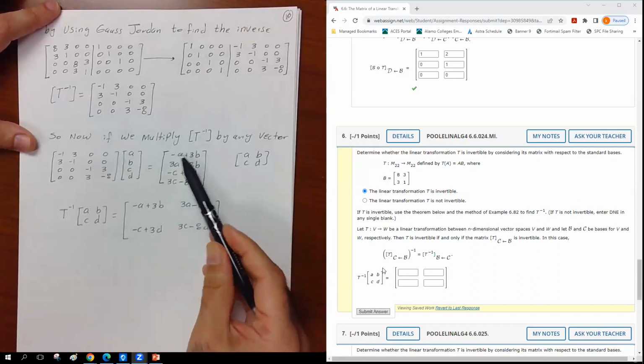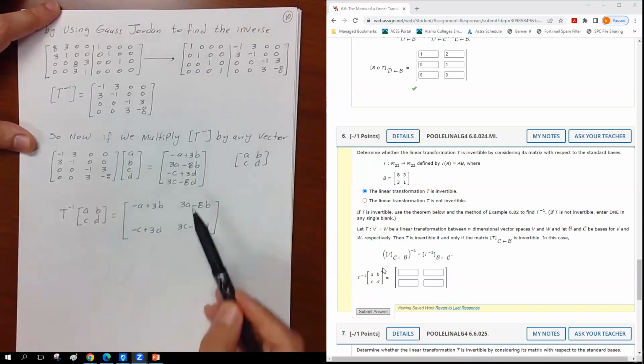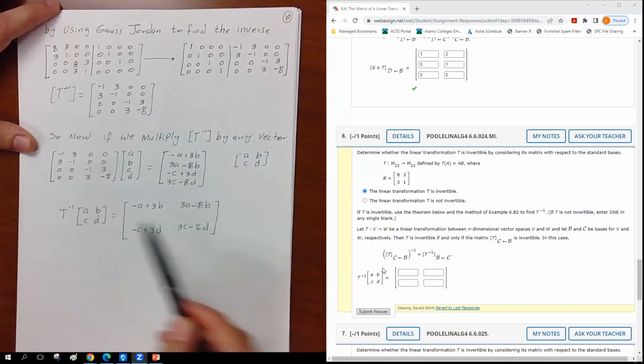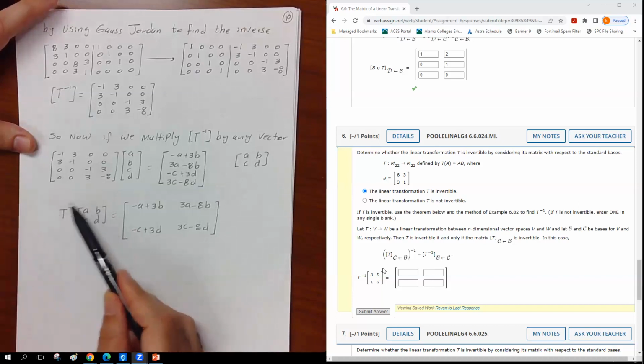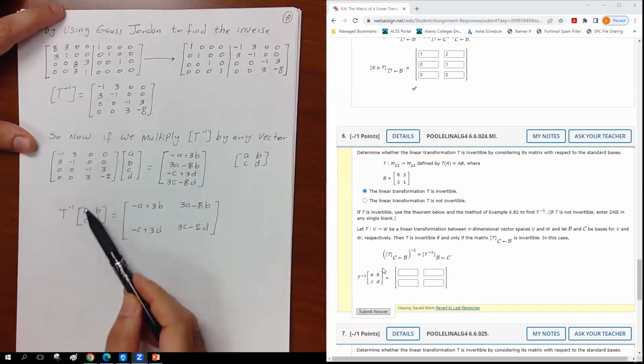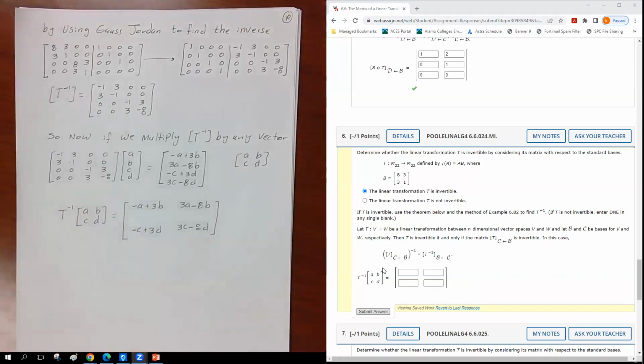So write down, this is the first element, this is the second one, this is the third one, this is the fourth one. So here is the inverse transformation for T, which goes back from the 2 times 2 matrices to the 2 times 2 matrices.